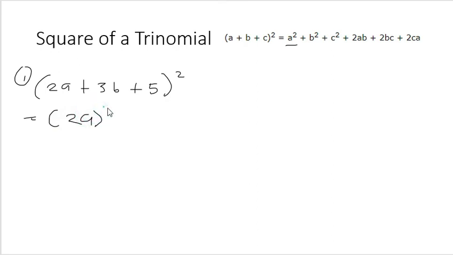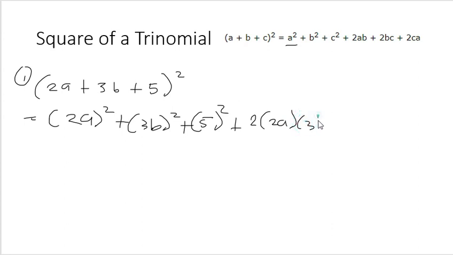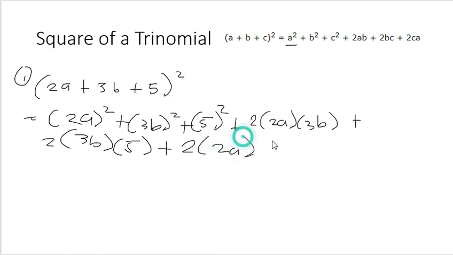What you do is square the first term, 2a, square the second term, 3b, then square the last term, and then 2 times ab, so you keep on pairing them: 2 times 2a times 3b, plus 2 times bc, so this one 3b times 5, plus 2 times 2a times 5. And then you simplify them now.